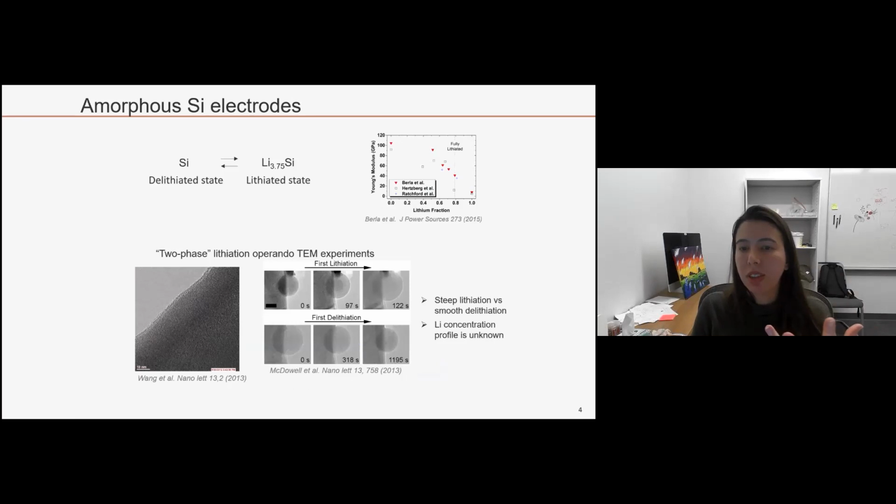The results that I will present today will be on amorphous silicon electrodes. This is just one material that you can study with the system. The reason that I chose this is that there are a couple of reasons. One, it's a material that changes its composition a lot. It goes from pure silicon to four times as much lithium as you have silicon in the lithiated state.